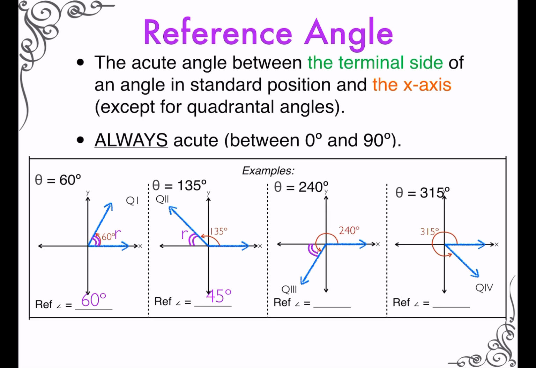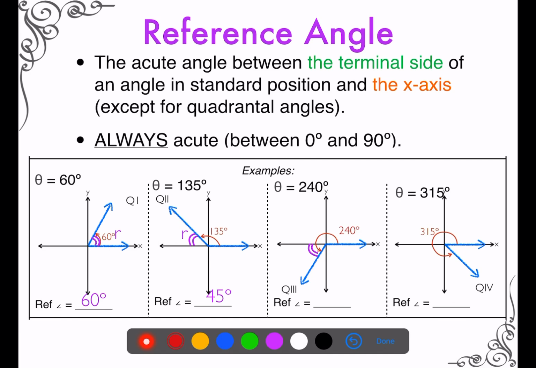Now, you might ask why. Well, the other side of the x-axis makes a 180-degree angle. So I could really just take 135 away from 180, and I'll get 45 degrees. Okay, that will be important to note later on.